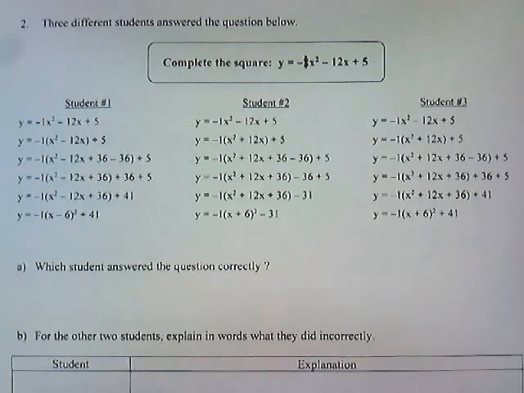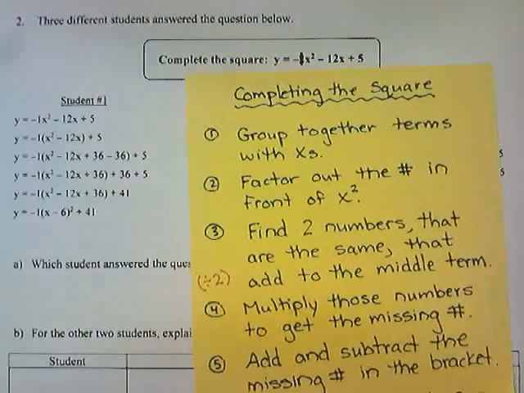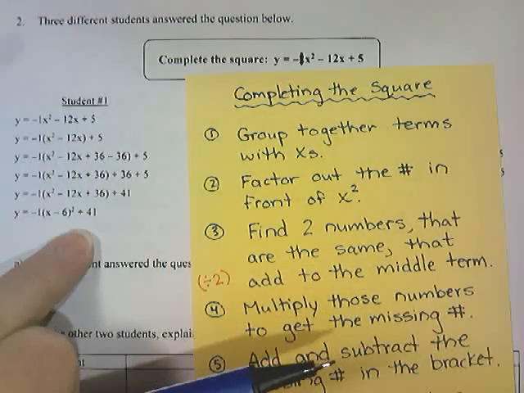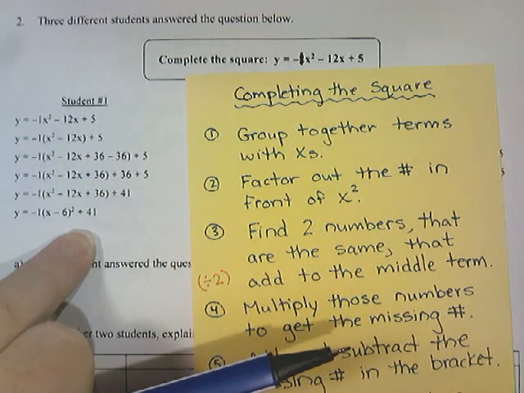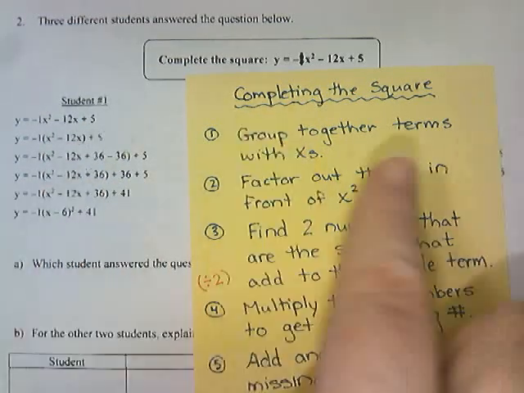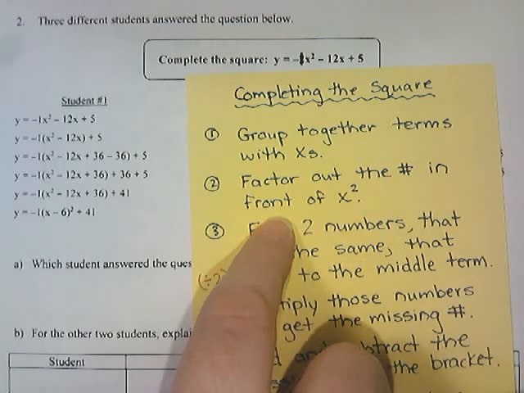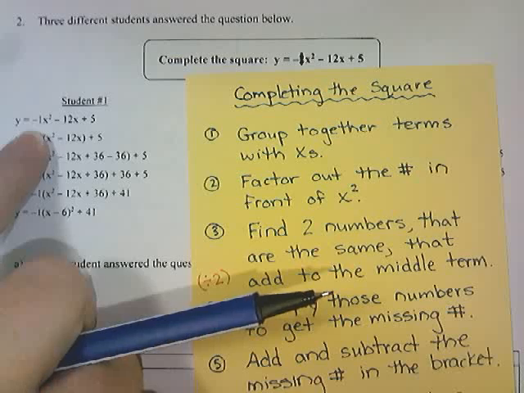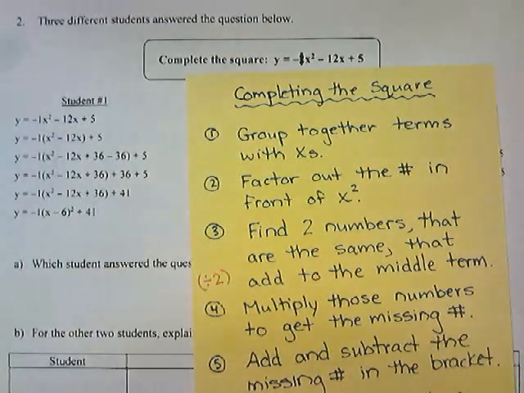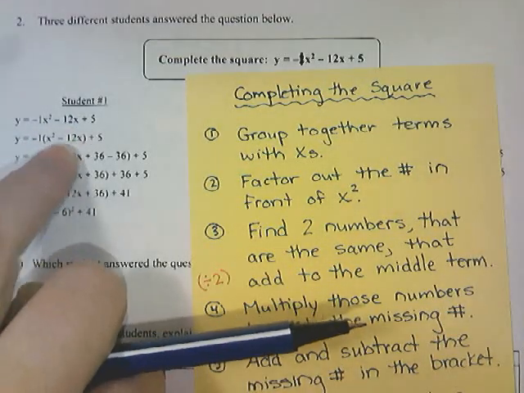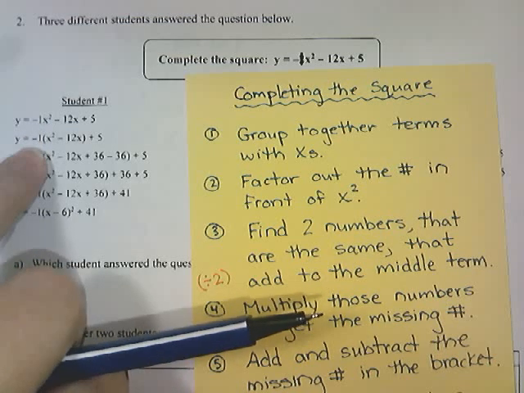So I'm going to use my little card of steps, and I'm going to try to follow student number 1 and see if they followed it correctly. So it says group together the terms with x's and then factor out the number in front of x squared. So they had -1x squared minus 12x plus 5. They put together the ones with x and they took out a -1.